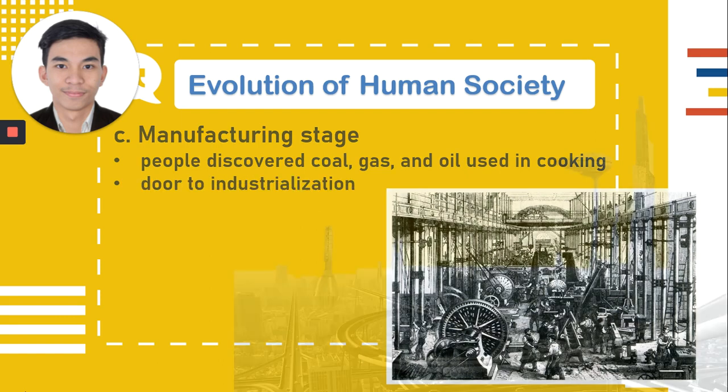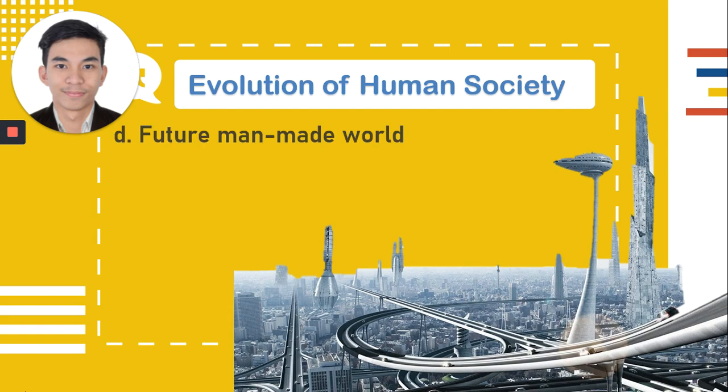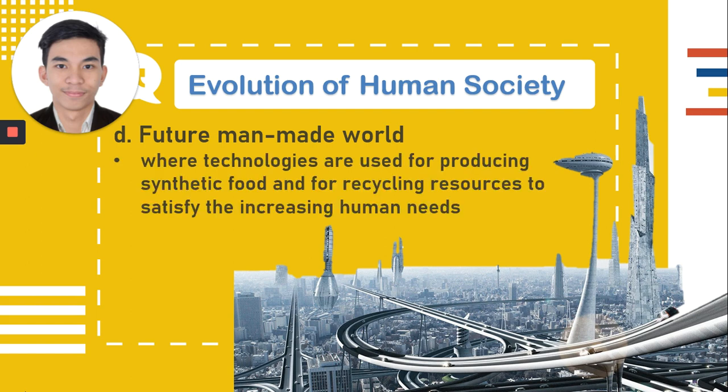And the last stage of human society is the future man-made world, where technologies are eventually used for producing synthetic food and for recycling resources to satisfy the increasing human needs resulting from the constantly increasing human population.